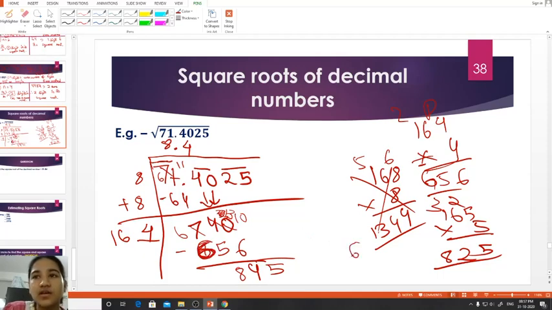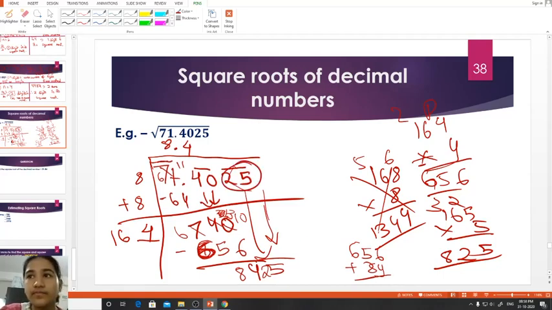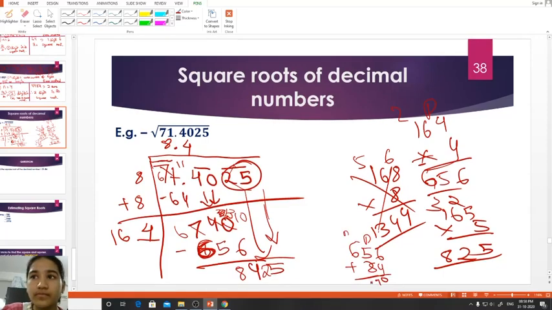Yes, let me once check whether I'm proceeding correctly or not. This is 25. You have to bring the complete pair down, not just a number. This complete pair has to be brought down. Okay, correct. 8425.